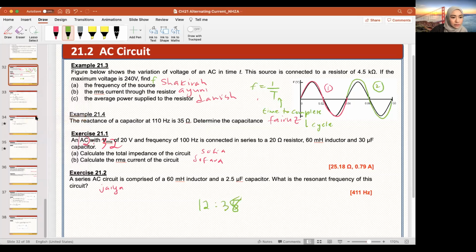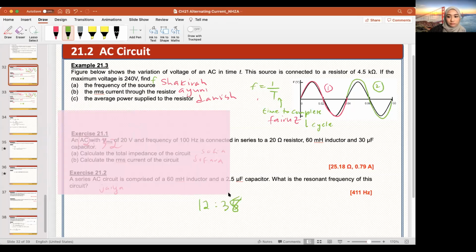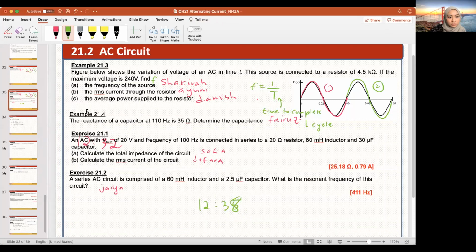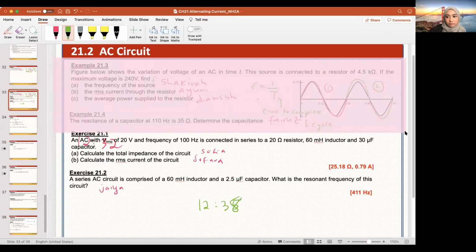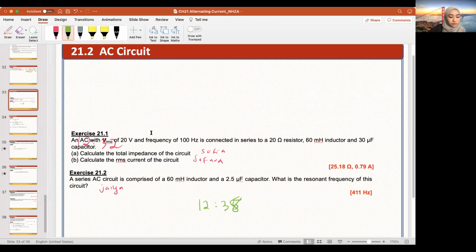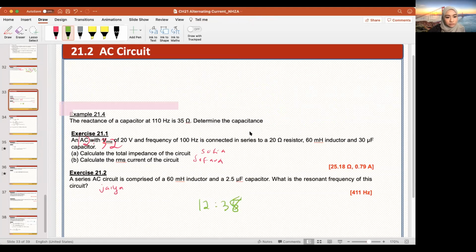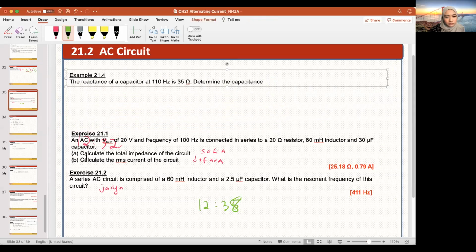Okay, saya nak duplicate slide. Oops. What is one?